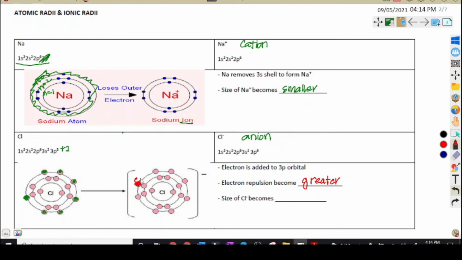Just remember class, these are all electrons, so when they meet another electron of the same charge, they will repel each other. So when this electron pushes this electron and also the electron next to it, the size of Cl- will become larger. Remember that when you're pushing something to the outside, the size will become larger.